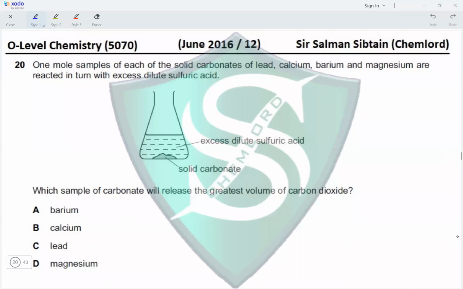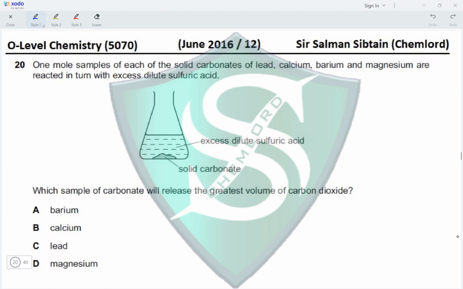Question 20. 1 mole samples of each of the solid carbonates of lead, calcium, barium, and magnesium are reacted in turn with excess dilute sulfuric acid. Okay. Solid carbonate is there, excess dilute sulfuric acid is there. Which sample of carbonate will release the greatest volume of carbon dioxide gas?